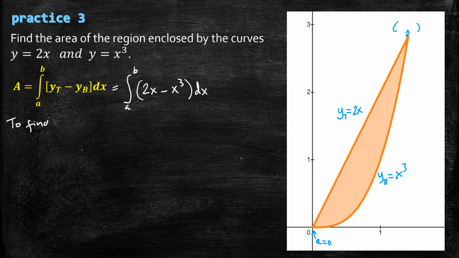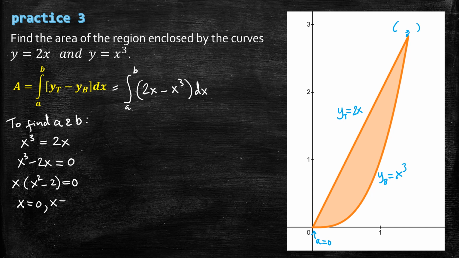To find a and b, although we have a good idea what a is, we need to find where these two functions intersect. So we must set x cubed equal to 2x. If we subtract and then factor, we get x times x squared minus 2, which means that they intersect when x equals 0 or x equals plus or minus radical 2.